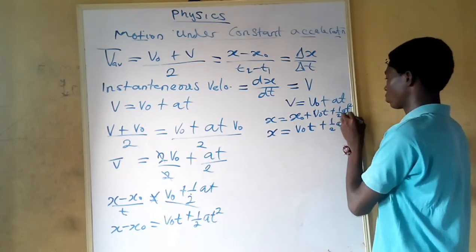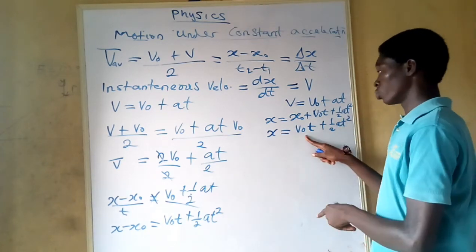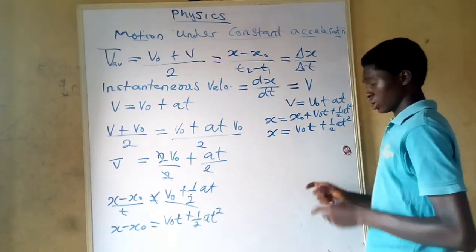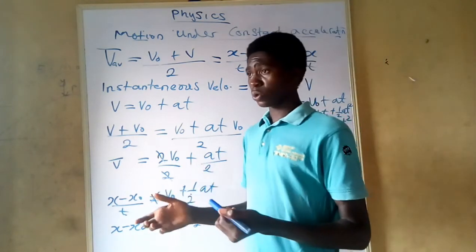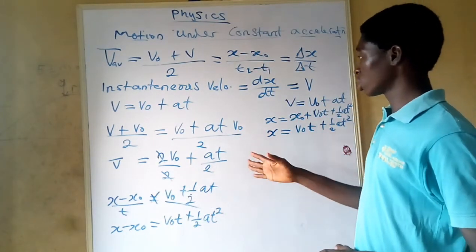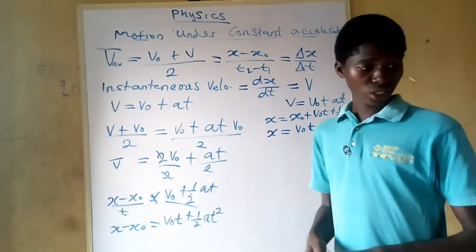And v naught is what we also call u, so you can see u t plus half a t squared, and that is it. The other equations of motion can also be gotten from this very equation, so let's look at that one.